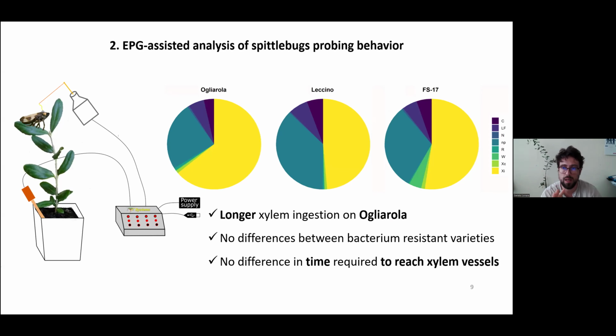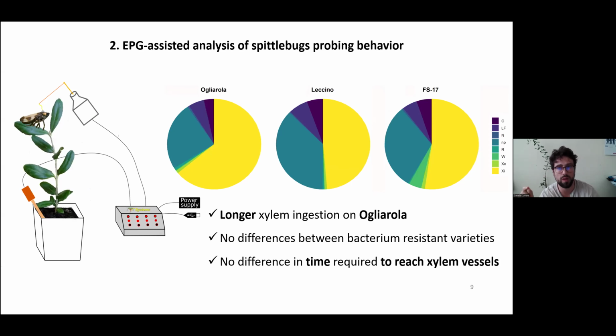The ingestion of xylem sap displayed by Philaenus was significantly longer on Ogliarola, the bacterium-susceptible variety, than on both Leccino and Favolosa. The xylem sap ingestion is basically the yellow part of this chart. The shortest xylem sap ingestion was observed in the Leccino variety.